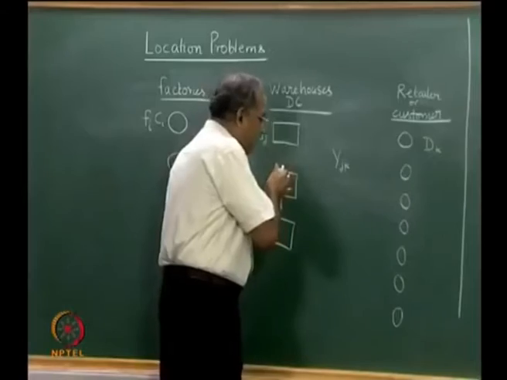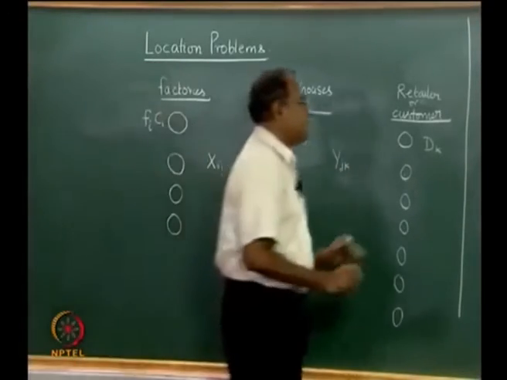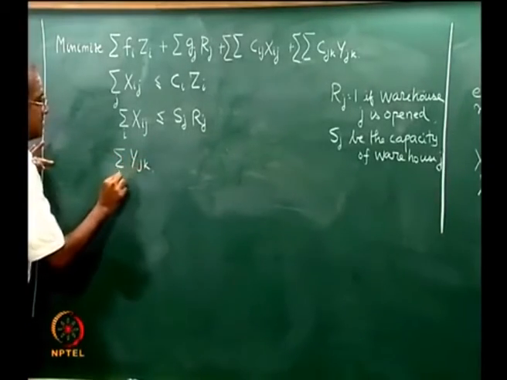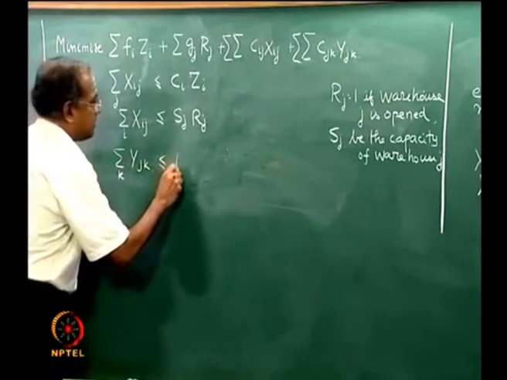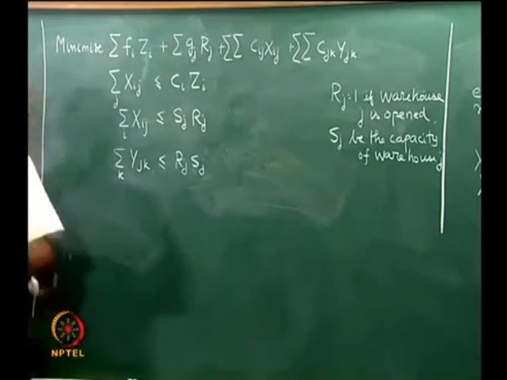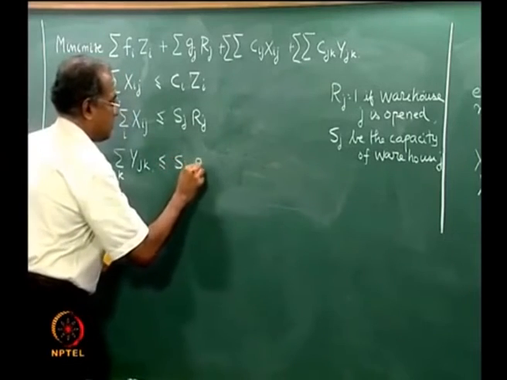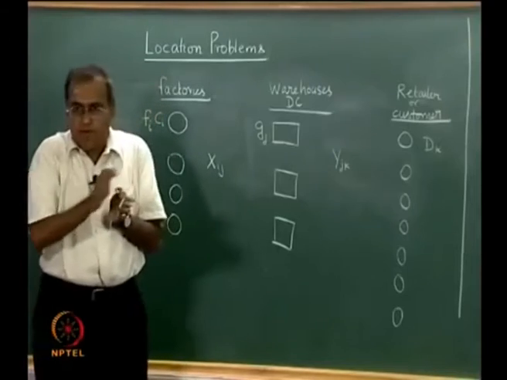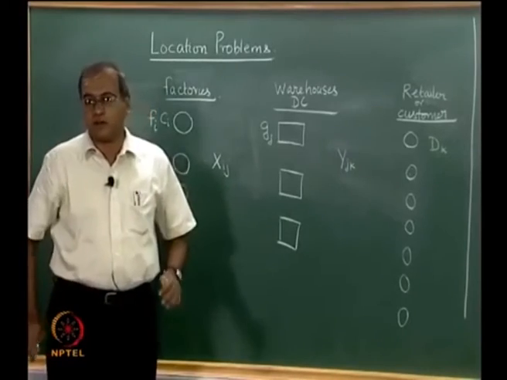Now, similarly, whatever leaves this warehouse can leave only from a warehouse that is opened. So, sigma Yjk summed over k should also be less than or equal to Sj into Rj. Whatever leaves it can leave only from an opened warehouse, and whatever leaves should be within the capacity of the warehouse.